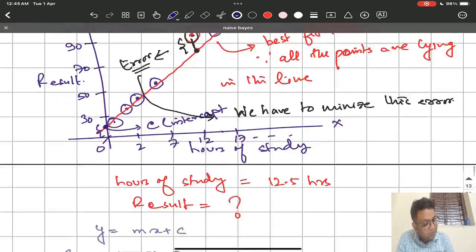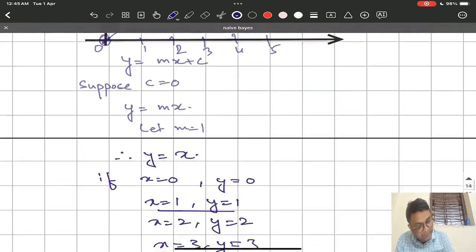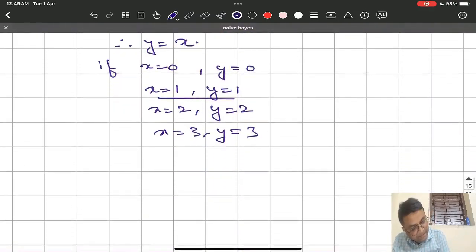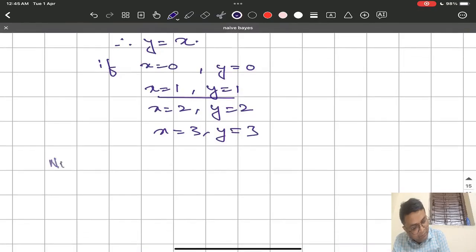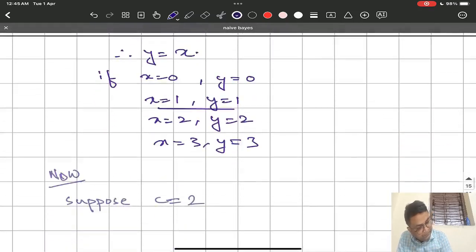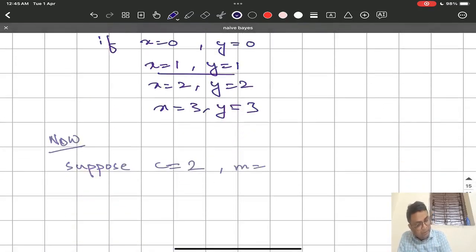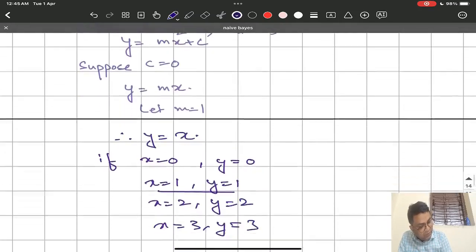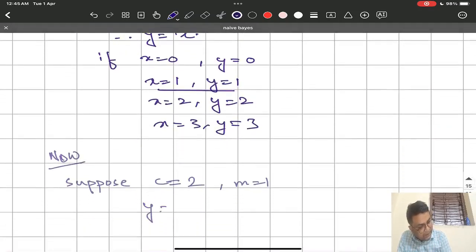Now I want to prove this thing. Okay. Suppose now I am taking one more case. Suppose c equal to 2, m equal to 1. So what will happen to the equation? Y equal to x plus 2, simple.